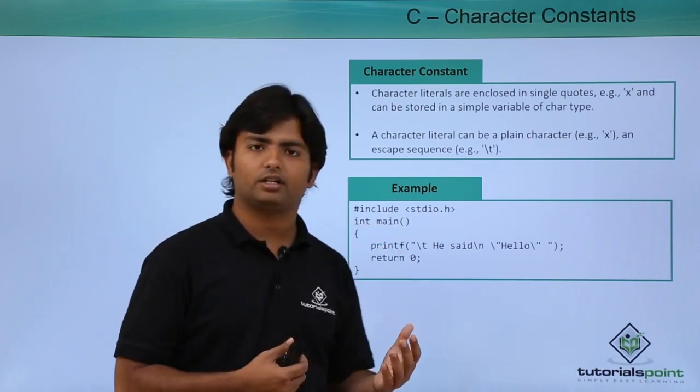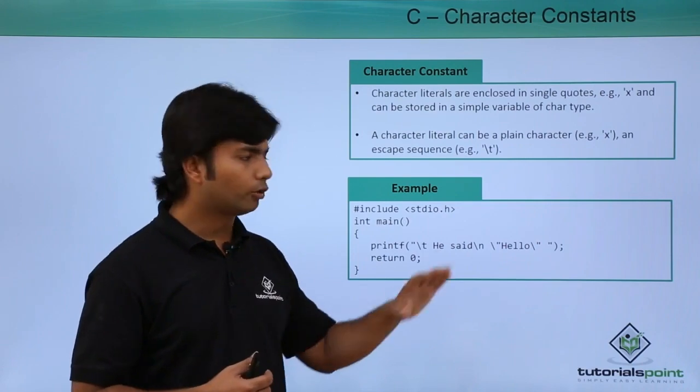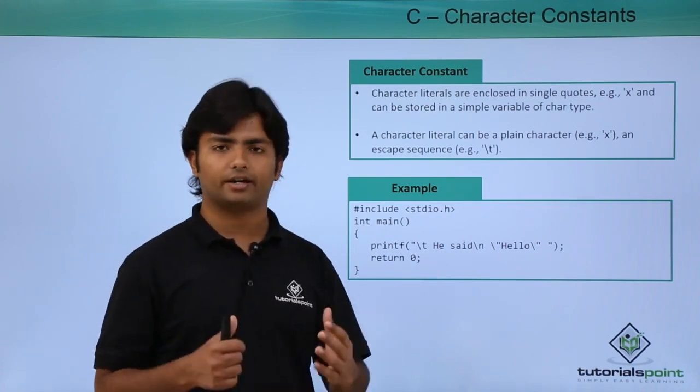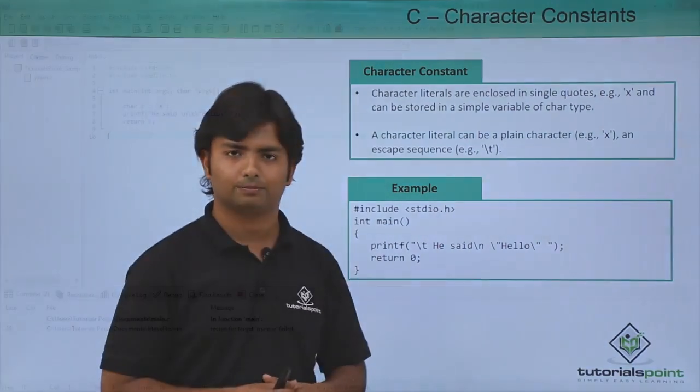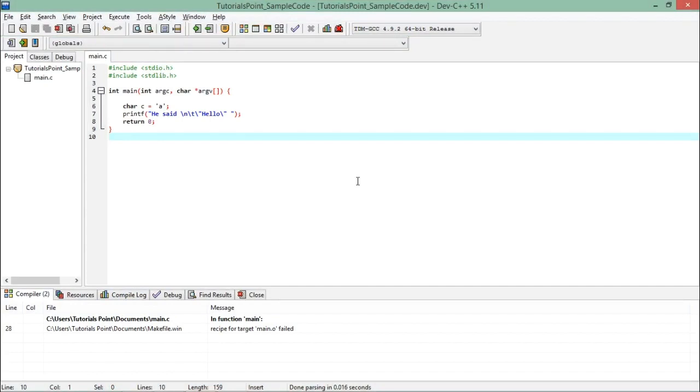So let's see practically what we can do for printing and for assigning a character value in a program. For a character constant, it's quite straightforward, as we have already discussed in our previous videos, character values must be enclosed inside single quotations.